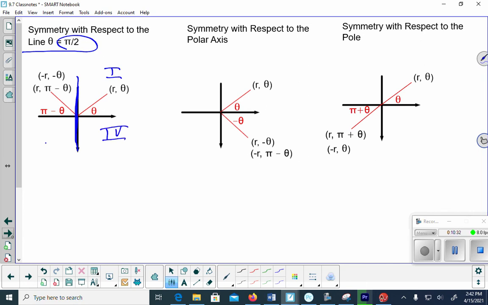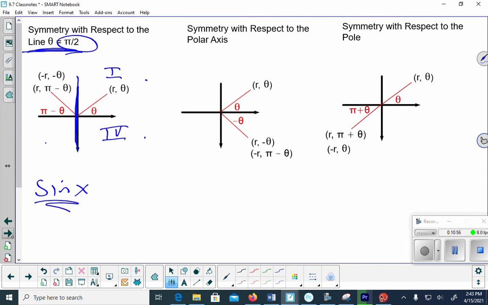And so I don't have to worry about plotting points from the second quadrant or the third quadrant. The main trig function that is symmetrical with the line theta is equal to pi over 2 is going to be my sine function. So anything with a sine, I know that I only have to pick points from the first quadrant and the fourth quadrant and then map them over. And I'll show you one in a second.